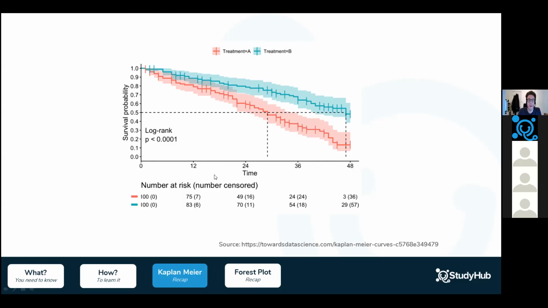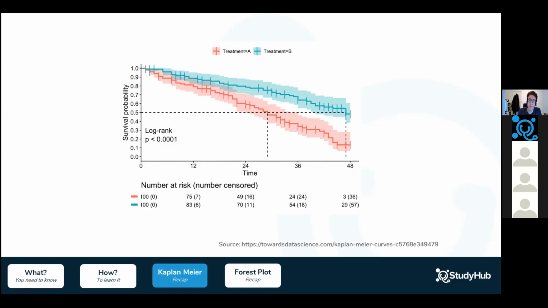For example, at 12 months, and I'm assuming this is months, around 85% of people on treatment A are still alive, and about 95% on treatment B are still alive.